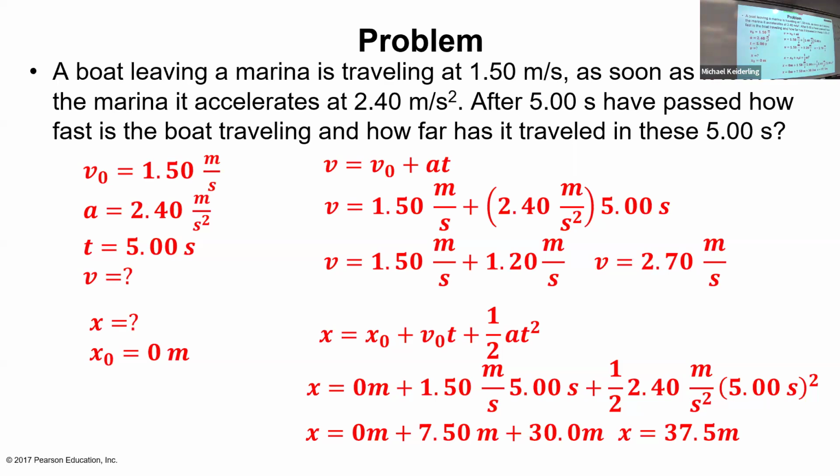Wait, so are you multiplying? I thought you were multiplying the acceleration and the time. It's acceleration times the time squared. But in the first step, like the v0 plus at, I did. I screwed up.